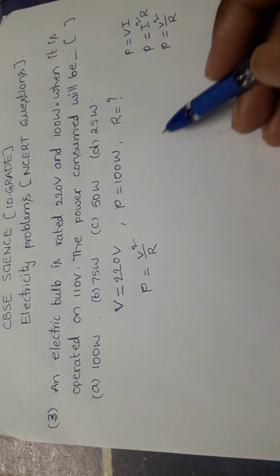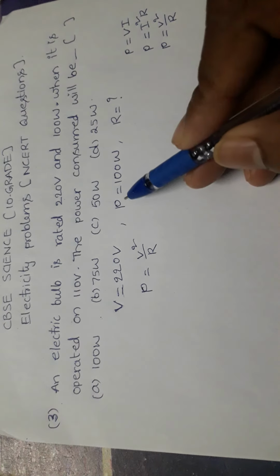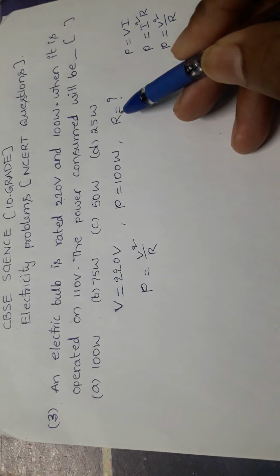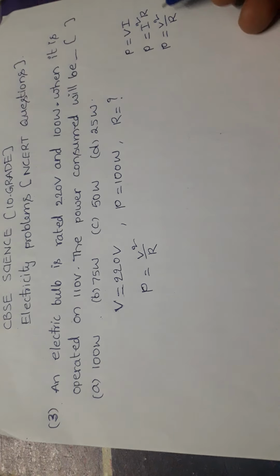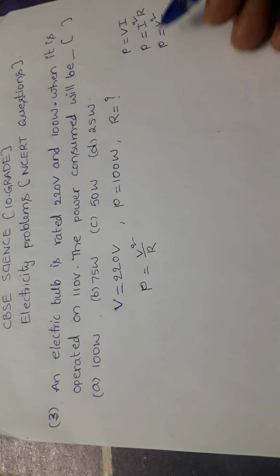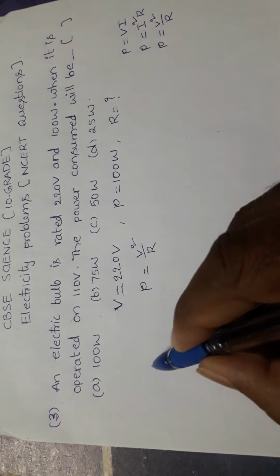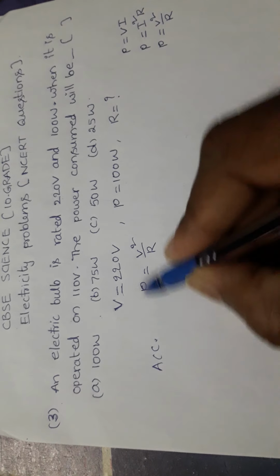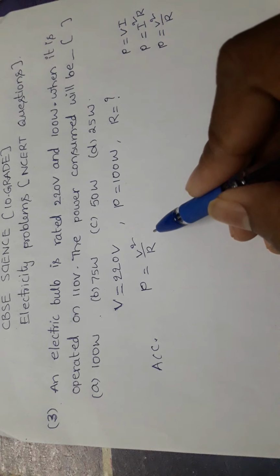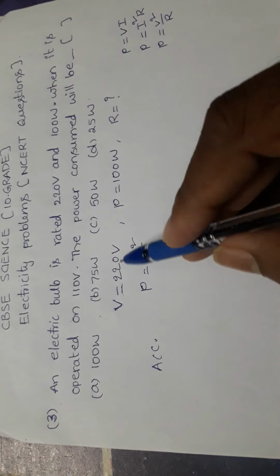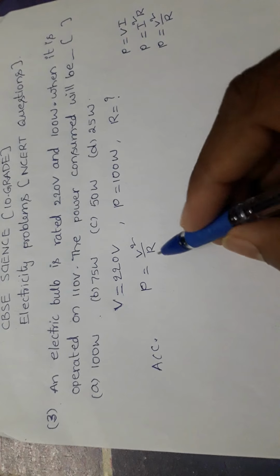But here the given quantities are voltage, power and resistance. So that's why we are using the P is equal to V square by R formula. So according to the power formula, P is equal to V square by R. Substitute these values in the equation.